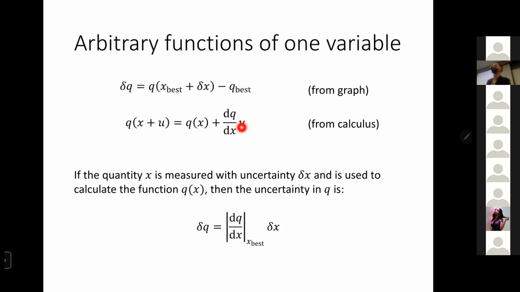This U is equal to your delta X, basically. And if the quantity is measured with an uncertainty delta X, and it's used to calculate the function Q of X, then the uncertainty in Q is just going to be the absolute value of the derivative evaluated at X best times the uncertainty in X.